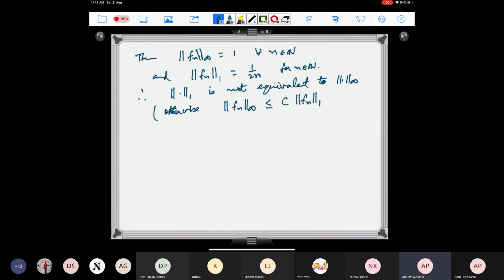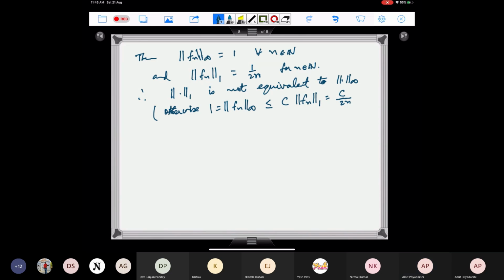If these are equivalent, then the infinity norm is less than or equal to some constant times the 1 norm, but the infinity norm is equal to 1 for each of these Fn, and the 1 norm is C by 2n. So this shows that 1 is less than or equal to C by 2n. This is a contradiction, right?